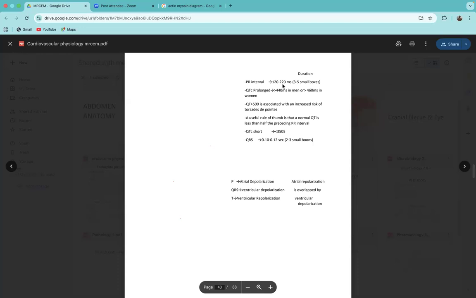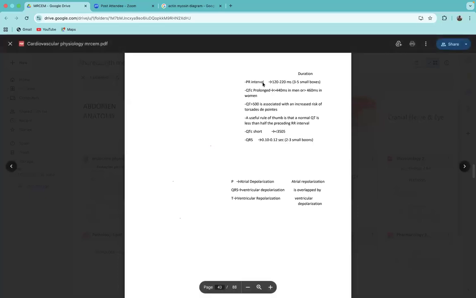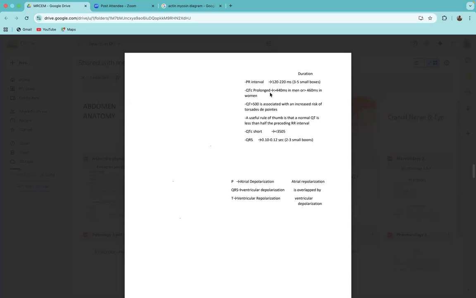Okay, this is not important right now, but we are studying the intervals and we'll have to correlate with the diseases as well. That's why I have told you, right? So the regular PR interval is 120 to 220 milliseconds. For QT, anything less than 440 is okay, but in case of men more than 440, QT is prolonged basically, and in case of females, if their QT is more than 460, that is also considered as prolonged QT.